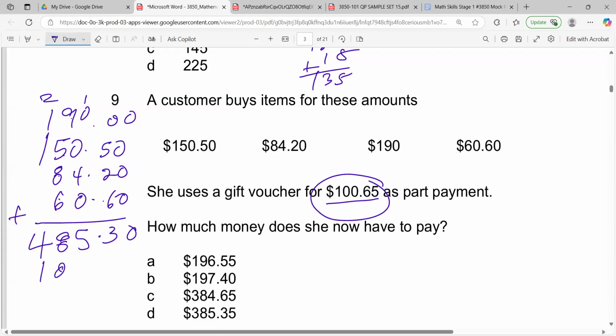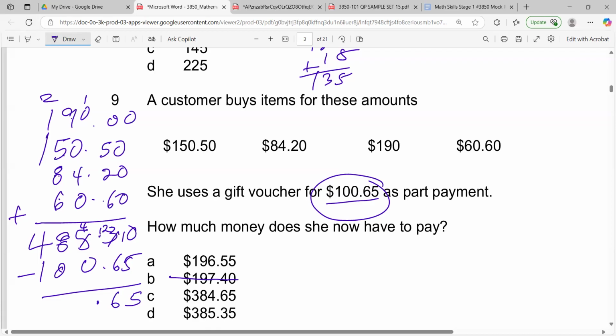$100.65. So 100 minus 60.5. 5 from that we can't, so we'll go borrow. That leaves 2. That will leave 5, so we can eliminate this. All right, 6 from 2 we can't, so we're going to borrow again. That leaves 4, so we leave 6.